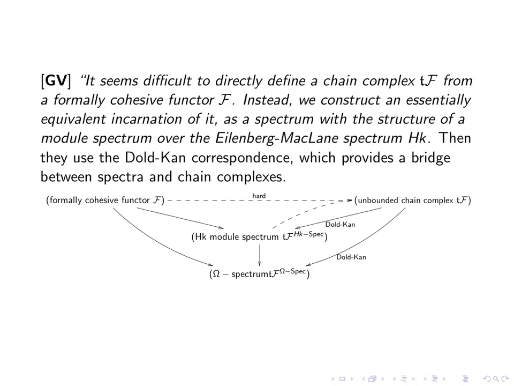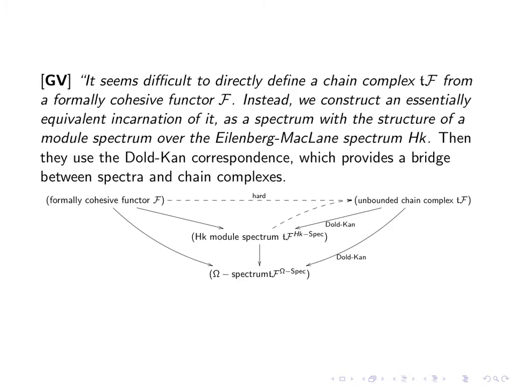And let's recall the strategy again. So Galatius and Venkatesh write, "It seems difficult to directly define a chain complex Tf from a formally cohesive functor f. Instead, we construct an essentially equivalent incarnation of it as a spectrum with the structure of a module spectrum over the Eilenberg-MacLane spectrum, Hk."